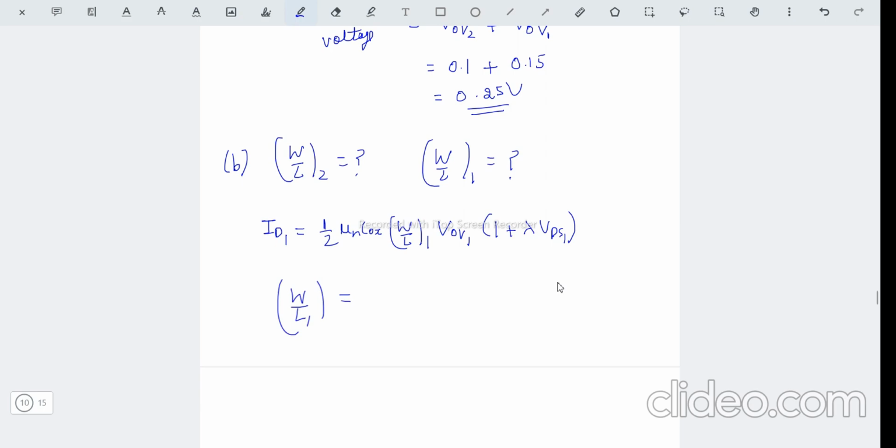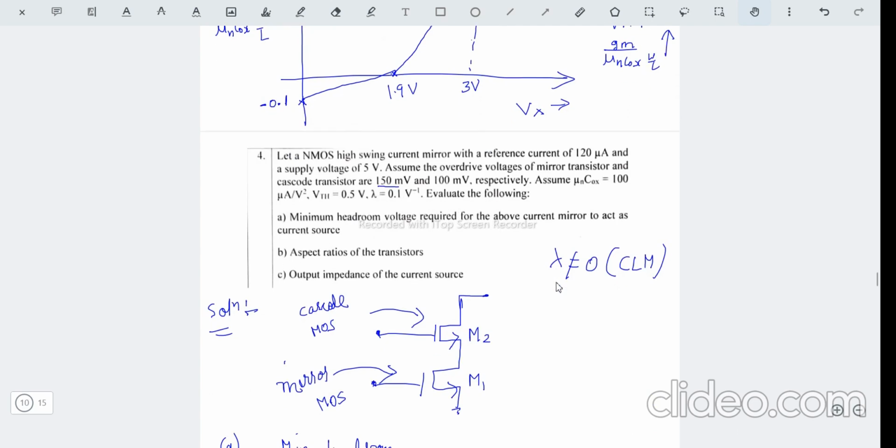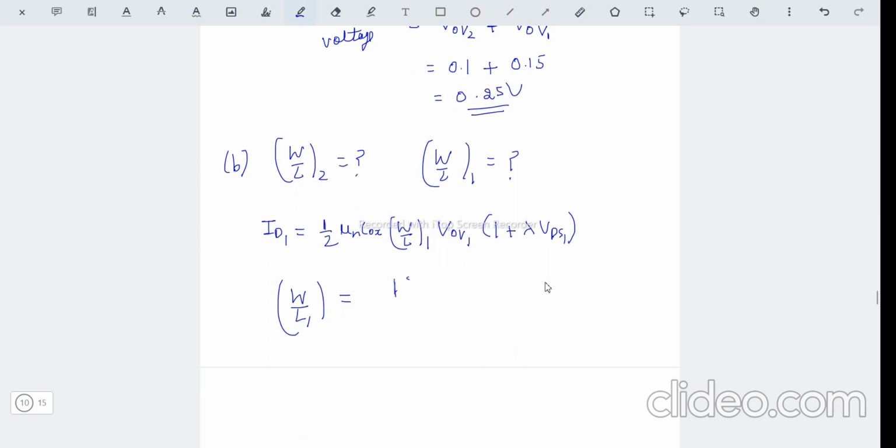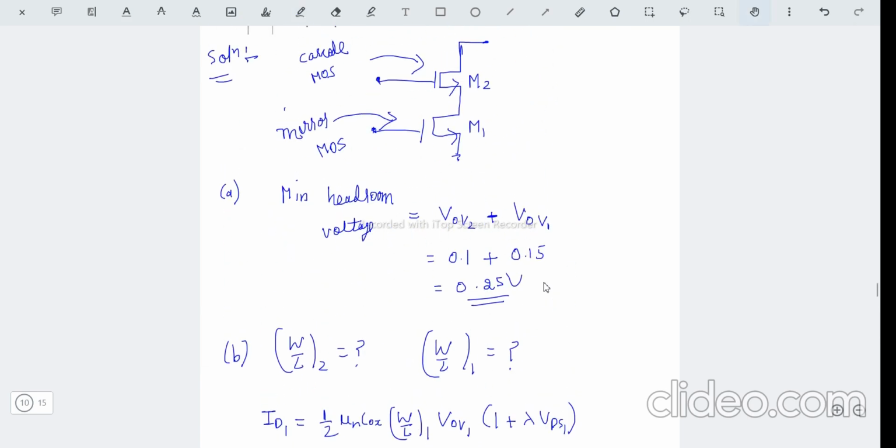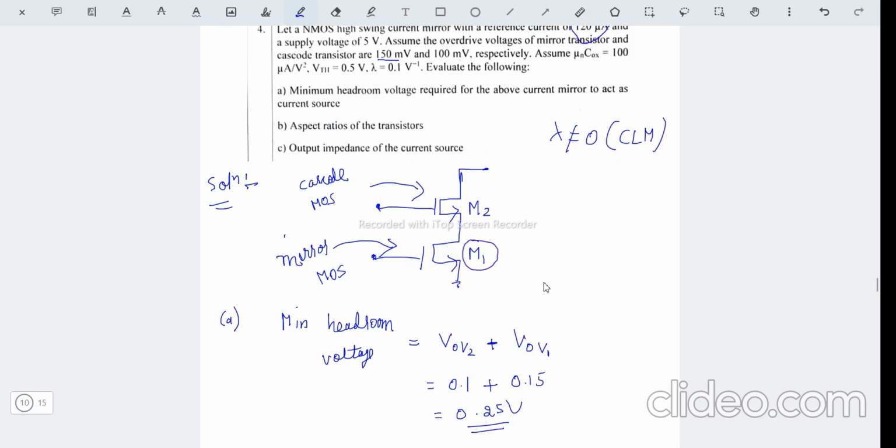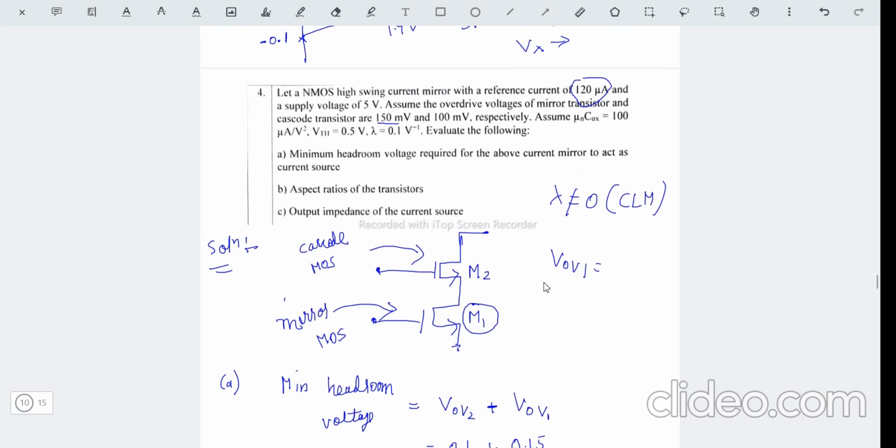So that would be ID into 2. The reference current given is 120 microampere, so I will substitute 120 micro into 2, divided by mu n Cox, whose value is 100 micro, and the overdrive voltage of M1, the mirror MOS, which is 0.15 volts. The overdrive voltage of the cascode MOS, VOV2, has a value of 0.1 volt.